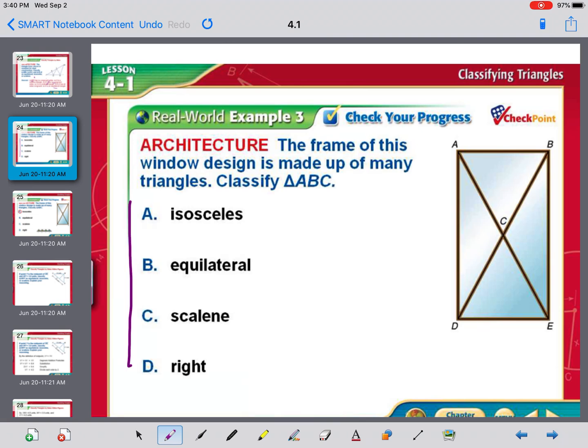So let's go back to this picture, but this time we're going to classify this picture evidently by sides. So we have triangle ABC, which is this one. I'm pretty sure it's not right, so I want to mark that out.